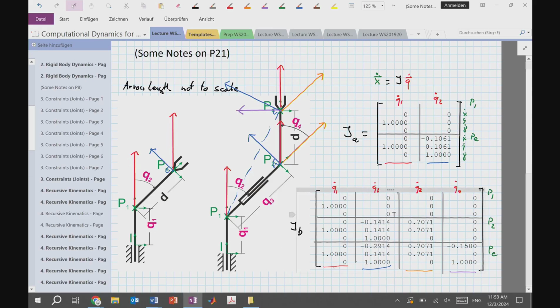OK? What about the end effector in the second case? How many degrees of freedom does the end effector have over here? Tom? 3. OK. We can look at the arrows. There's 4 of them. So it has to be at least 2. You can't really say anything about rotations by just looking at the arrows.